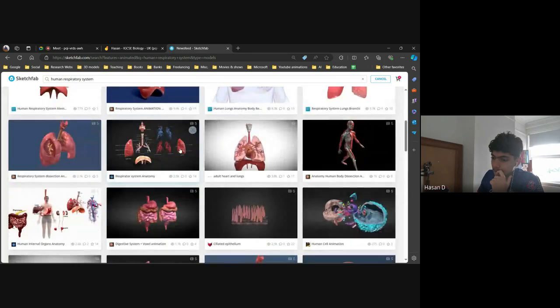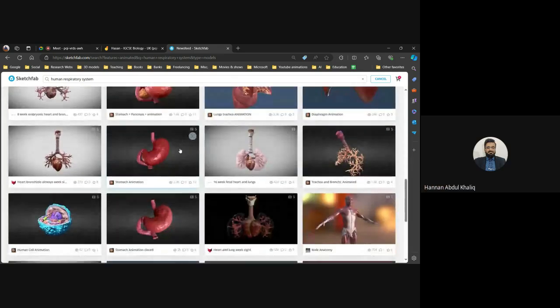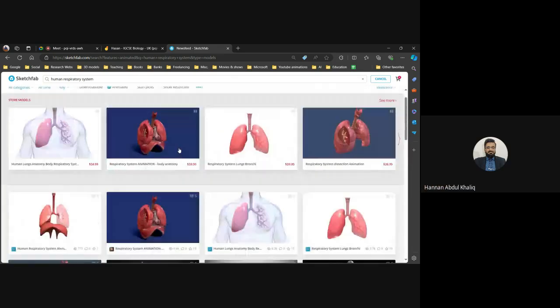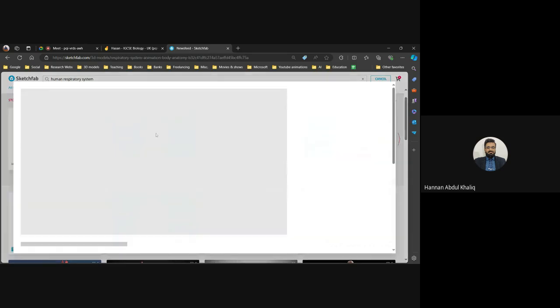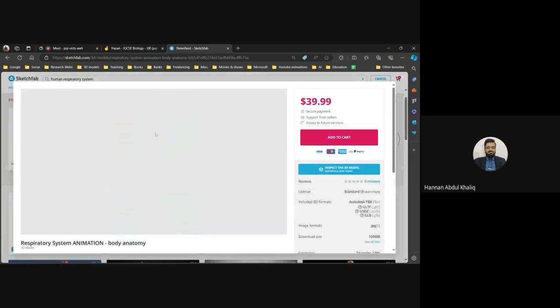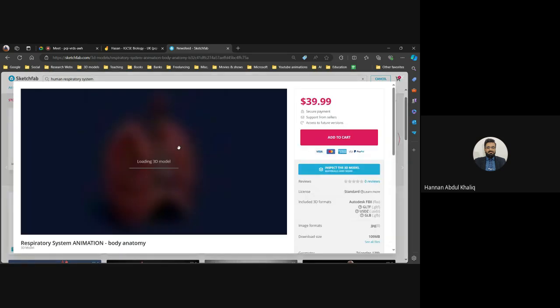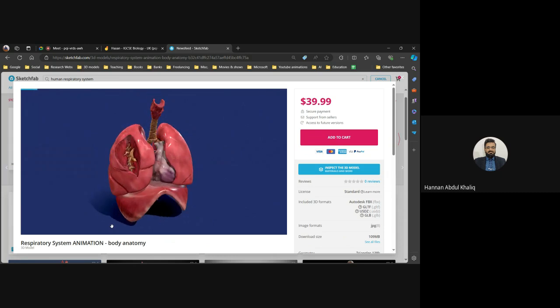Can we see the ribs here? I guess not. Okay. You can see this.